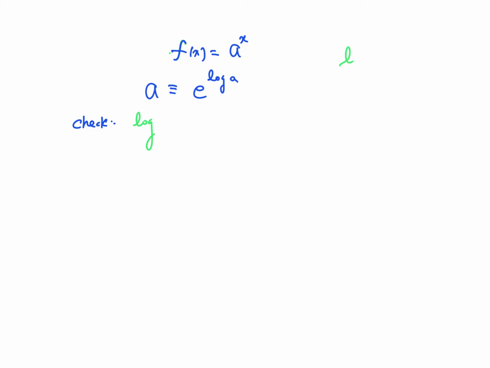When I say log, it's the same as log base e. Log of e to the log a is log a times log e, but this is 1, right? So any number a can be written as exponential log a.